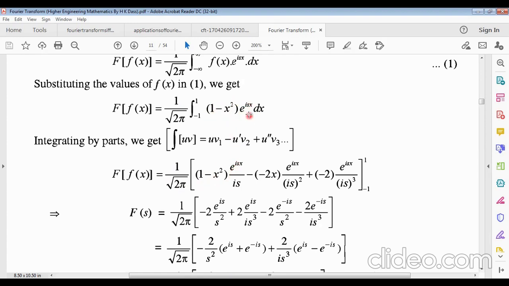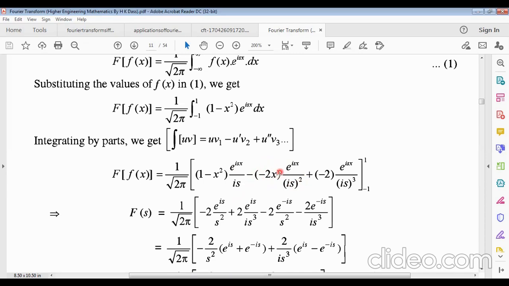So u into the integration of e to the power isx, which is e to the power isx divided by is, dividing by the coefficient of x, minus the differentiation of 1 minus x square, which is minus 2x, into the next integration of e to the power isx, which is e to the power isx divided by is whole square.